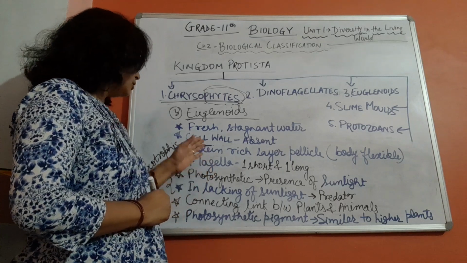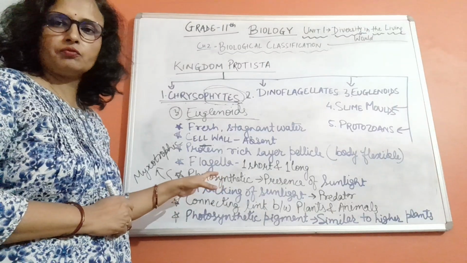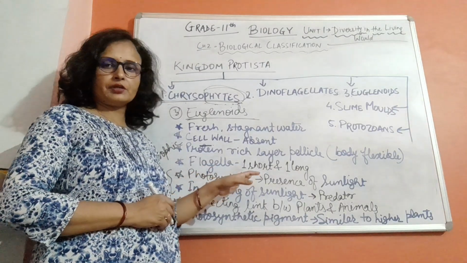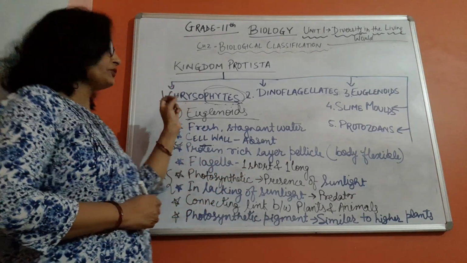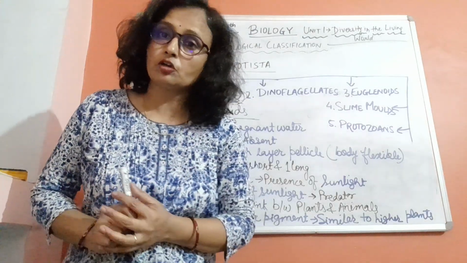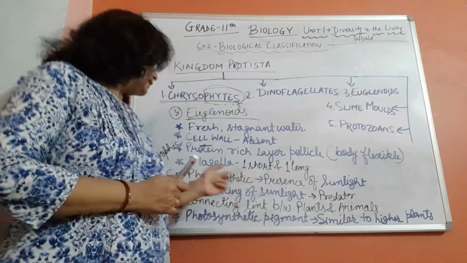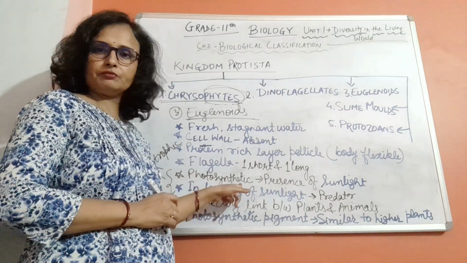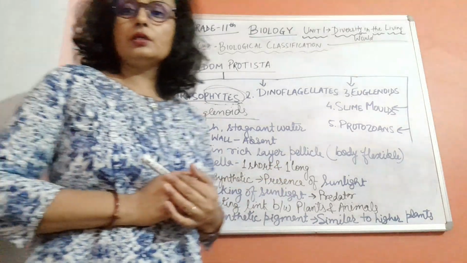Now, there is a very interesting fact about euglenoids. These are photosynthetic, that means autotrophic, as well as heterotrophic. Both characteristics are shown in the same organism: it can do photosynthesis and can also be a heterotroph. How? In the presence of sunlight, they can do photosynthesis and prepare their food, and in the absence of sunlight, they hunt prey.